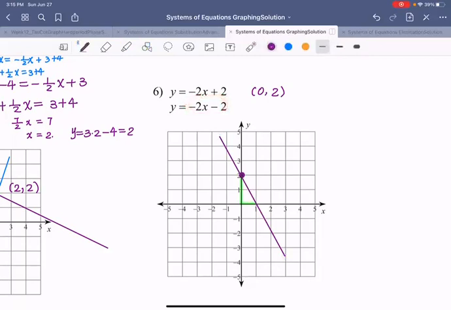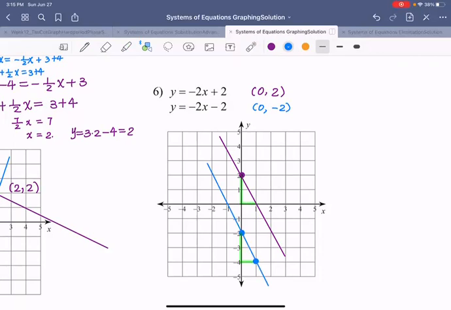Now, what is the y-intercept for this one? (0, 2). Okay. The slope is? -2. So you connect these 2 points.